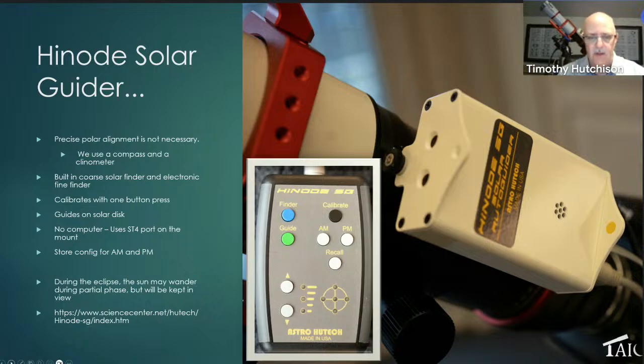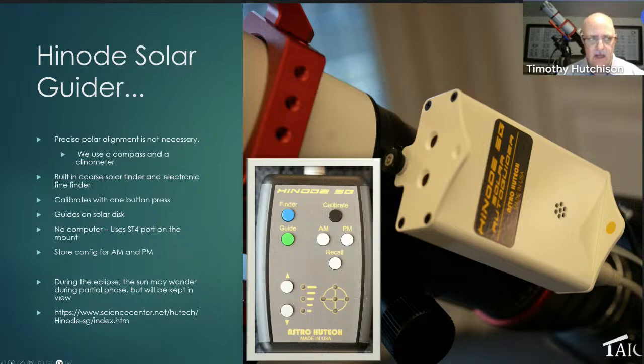Here I'm at 43 point something. I set that clinometer to my latitude to set the altitude on the mount. With those two readings, I have a rough polar alignment. It's rough; if we were to try and track stars that way, it wouldn't work so well, but it's certainly perfectly good for what we're doing here.